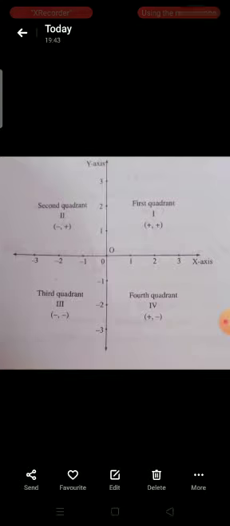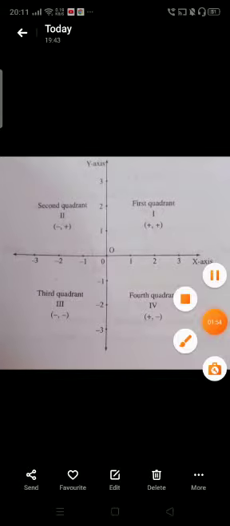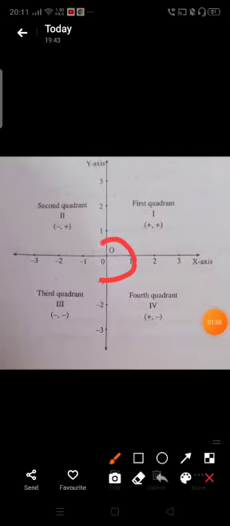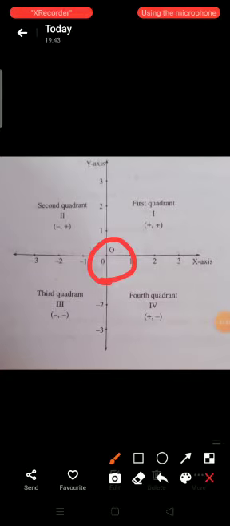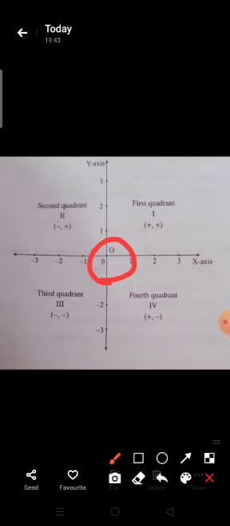The second thing is origin: where the two lines come and intersect, it is known as origin.